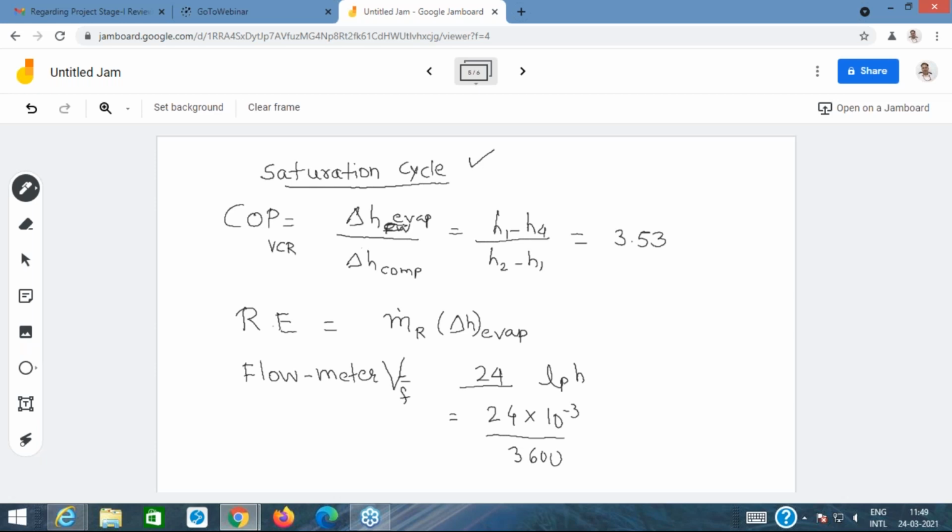Now this flow meter is located at the state 3. So we need to know the specific volume at the state 3 if you want to find the mass, because for finding the mass you need to divide the volume flow rate by the specific volume.